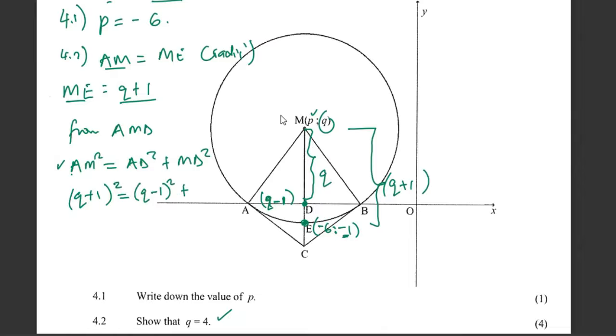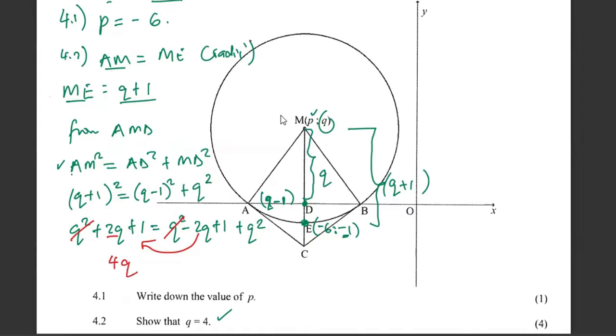And then the MD, from there up to there, it's Q, which is squared. Open up that, so Q squared plus twice Q plus 1. This is going to be Q squared minus twice Q plus 1, and then plus another Q squared. Okay, then one Q squared can cancel the other Q squared. Okay, this can move that side, so that 2Q plus 2Q, I'll have a 4Q.